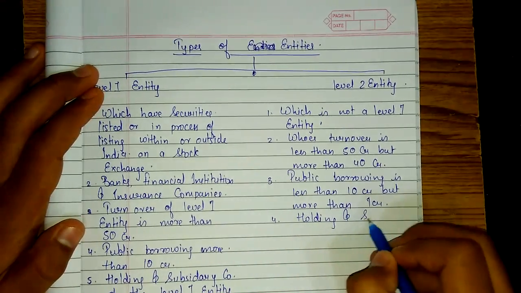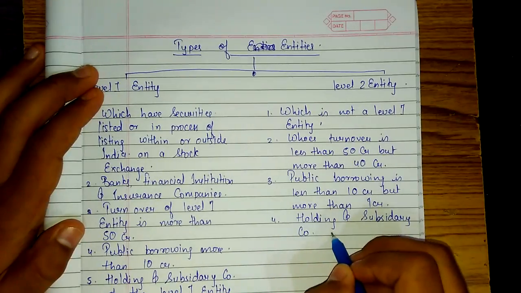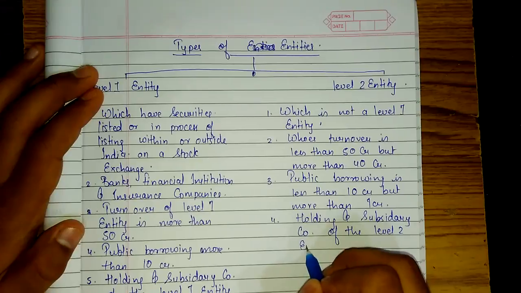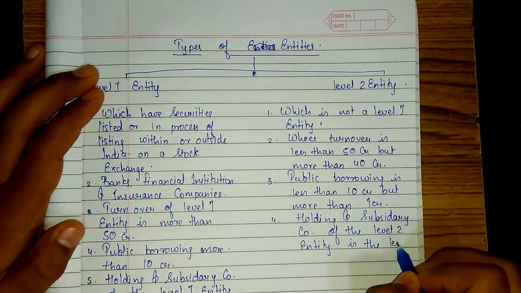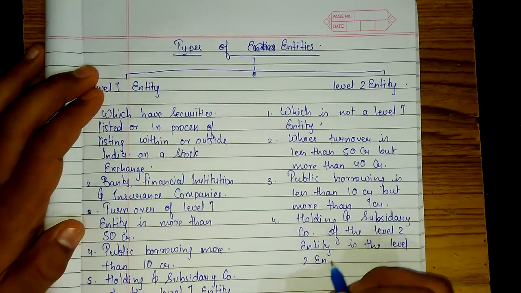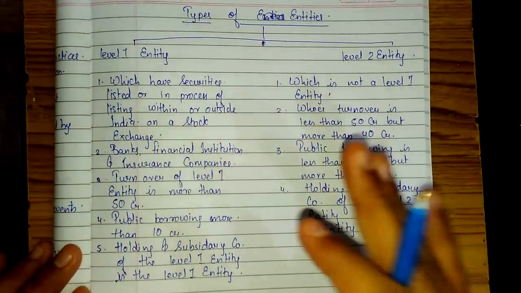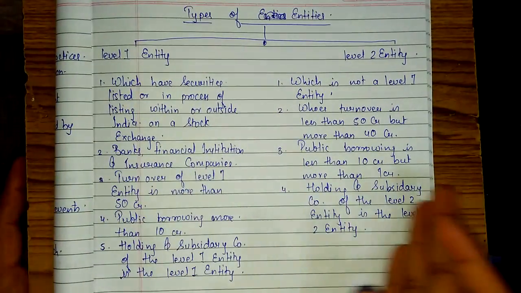Holding and subsidiary company of the level 2 entity is the level 2 entity. So now we'll completely read this because level 3 entity is very small and it will complete in a second. First we need to understand what is level 1 and level 2.